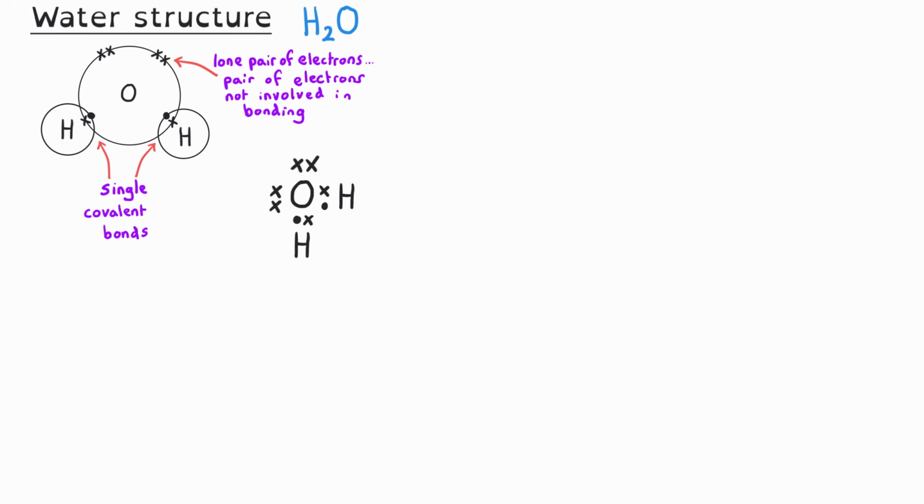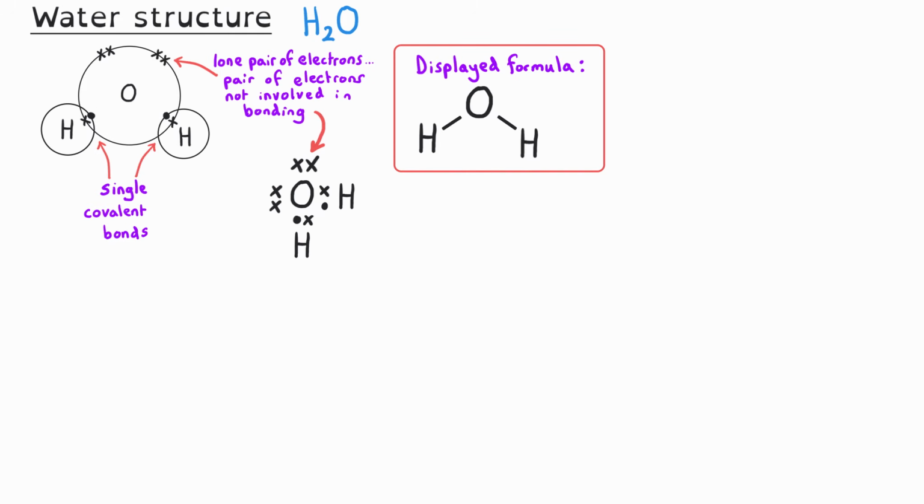And then the simpler dot and cross diagram also clearly shows the 2 shared pairs of electrons in each of the bonds and the 2 non-bonding pairs of electrons. For the displayed formula for water, that has got 2 hydrogen atoms, each with a line pointing out from it to a central oxygen atom, but the displayed formula only shows the covalent bonds, not the lone pairs of electrons.